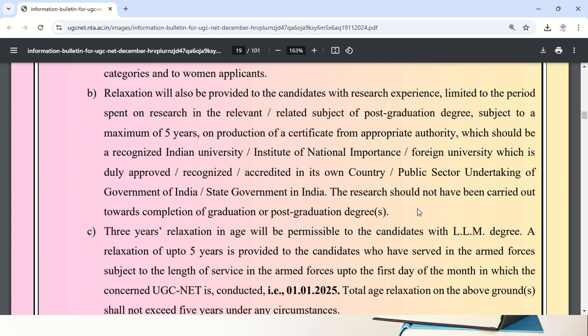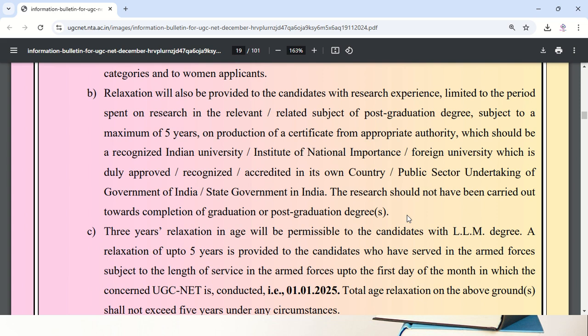The research should not be carried out towards completion of graduation or post-graduation degrees. If you have done research at these kinds of bodies, you will get an additional 5 years relaxation.